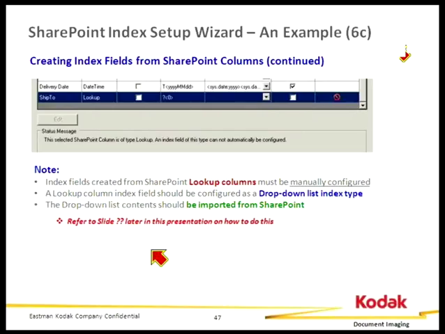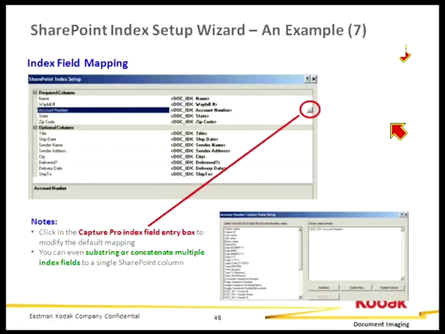So after I've decided that here's all the index fields I want to create, and maybe there's some default values and some input formats that I'm going to specify, you now set up the index field mapping. By default, we're going to map every single field that gets created in Capture Pro to its corresponding column. If the field is required, you must map it to an index field.